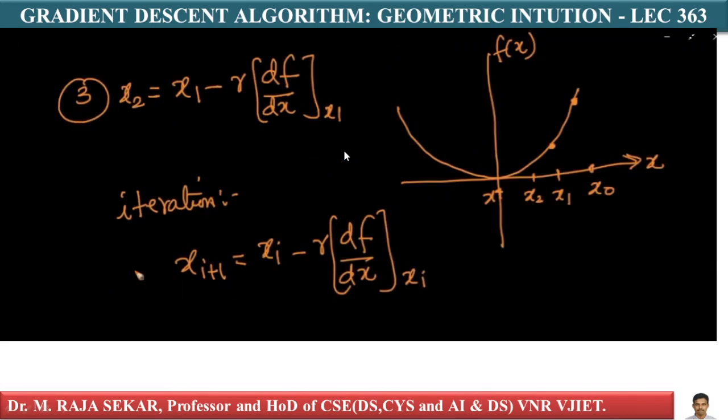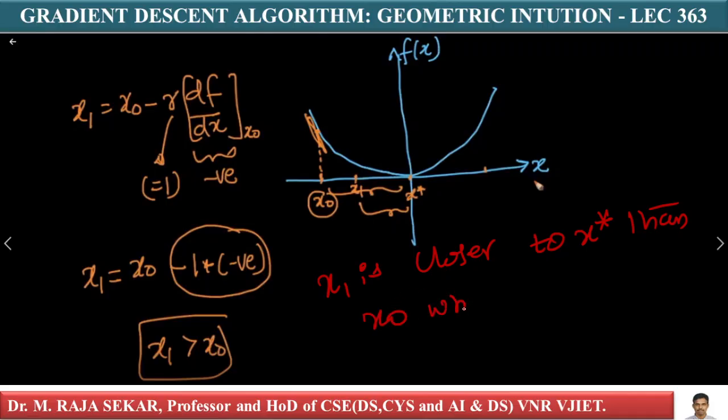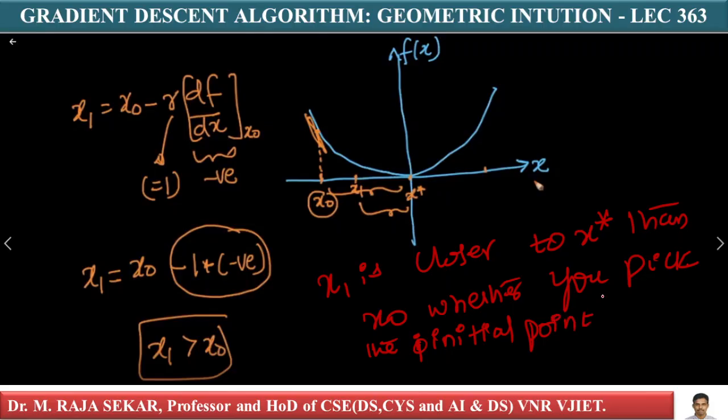x1 is closer to x star than x0. Whether you pick the initial point on the left side of x star or the right side of x star, your x1 is always closer to x star than x0.